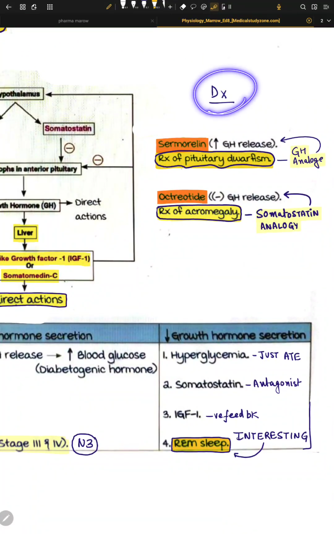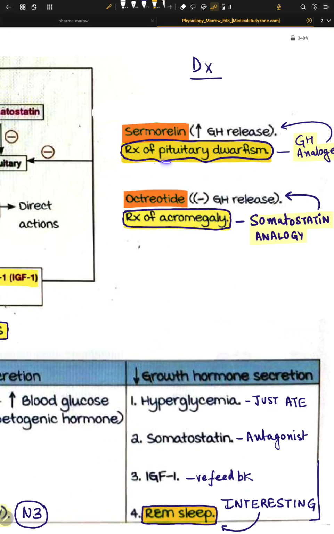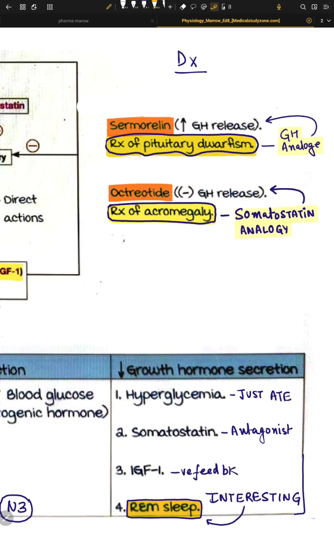What about the diseases? One disease is pituitary dwarfism. If a person is a dwarf, it means there were lower levels of GH. So to treat, we need to give GH, and we can give a GH analog such as sermorelin, the drug of choice for dwarfism.